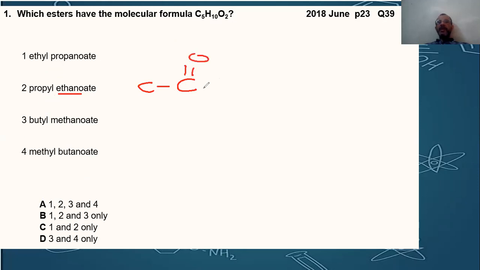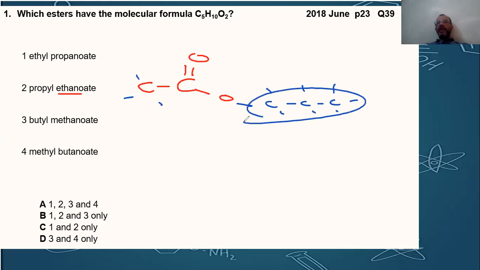Propyl here means I have oxygen here, and then prop again: meth means 1, eth means 2, prop means 3. So I have here 1, 2, and 3. And then continue drawing the hydrogen atoms. Now, propyl is this part, and this one is ethanoate.